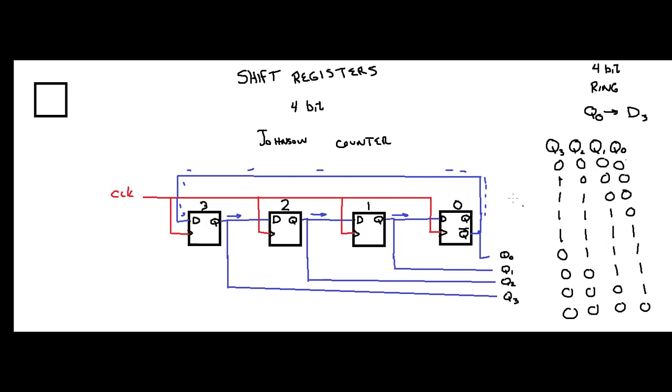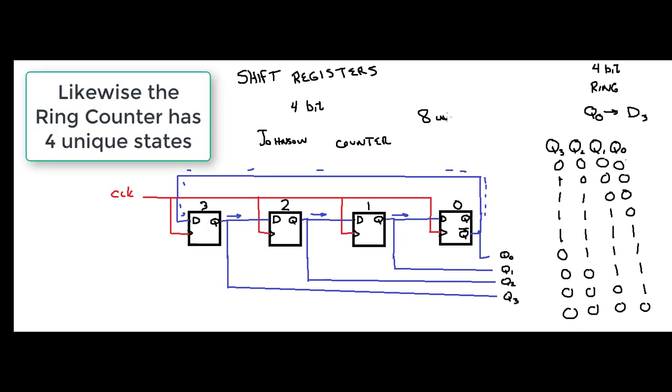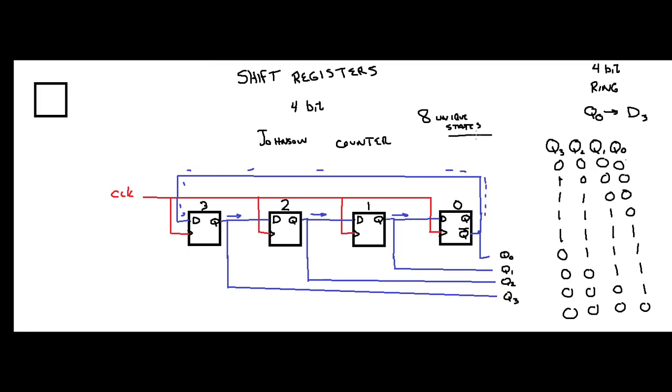So as you can see, for the Johnson counter, you have 8 unique states, right? Now, all from changing that Q to a Q bar, right?